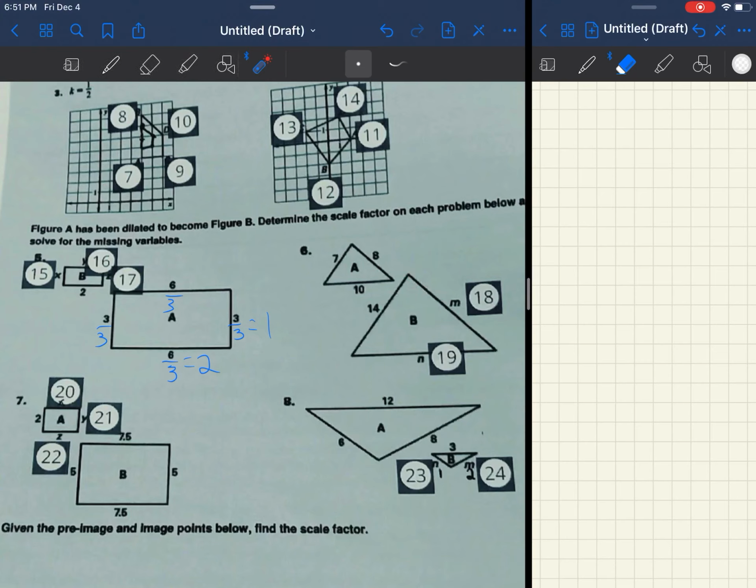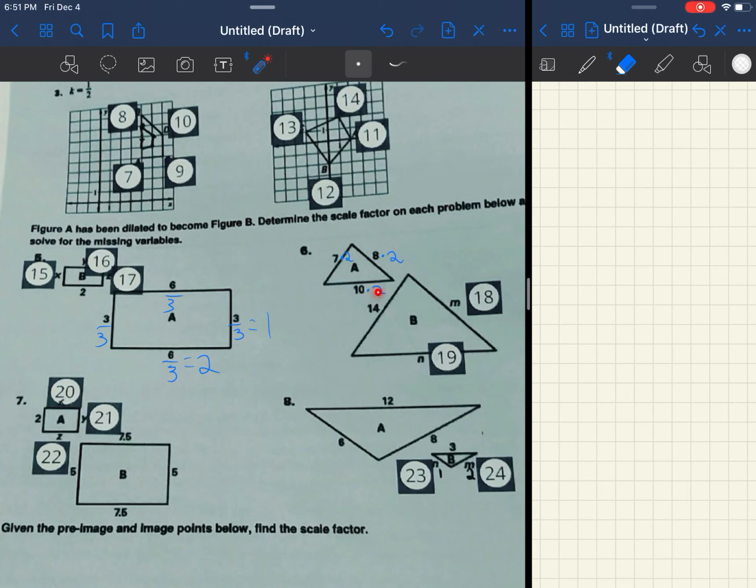So let me go ahead and grab my pen real quick. We're going to go 7 times 2, 8 times 2, and 10 times 2. Of course, we just said that 7 times 2 is 14. On the bottom, I have 10 times 2, which is 20.